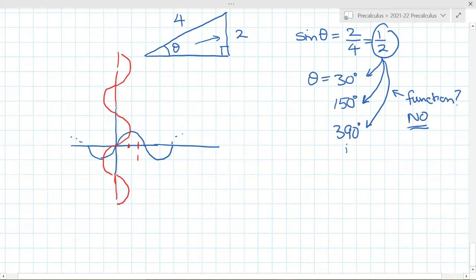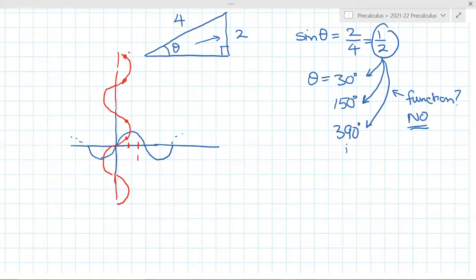So now you can see for half I'm getting 30 degrees, 150, 390. See what's happening? I'm trying to do the inverse, so now my input became the ratio and output became the angle. And for one ratio, I'm getting so many angles, right? So that's not a function. So that is a problem.